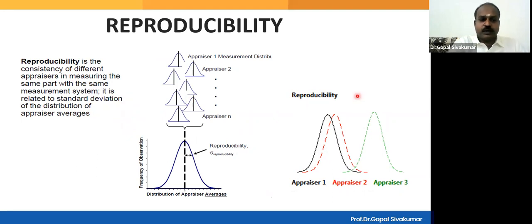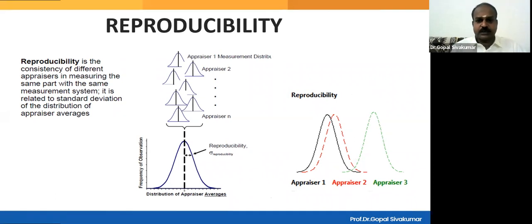Reproducibility error means the inconsistency in the readings produced by multiple appraisers, or the inconsistency between the appraisers.